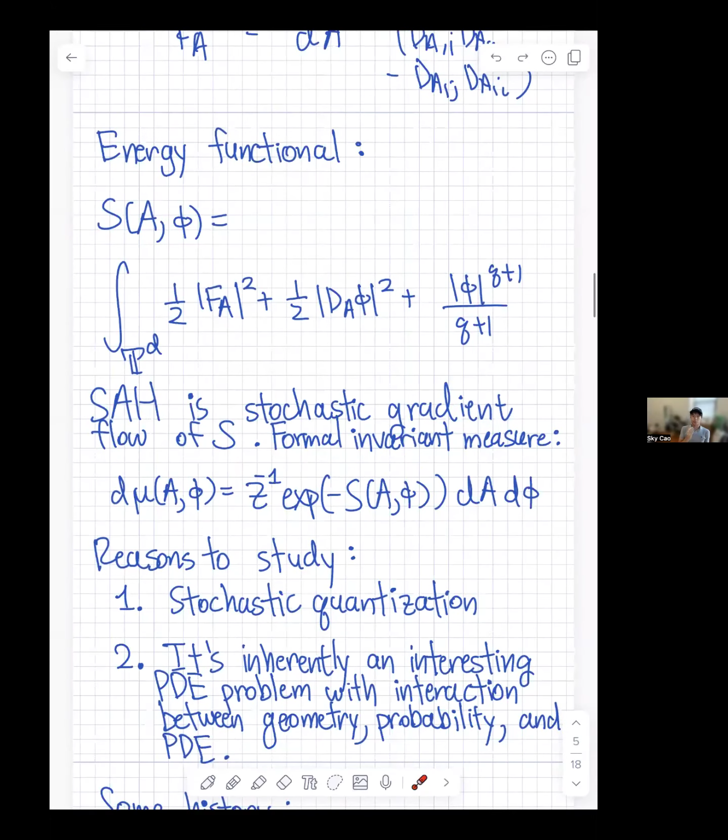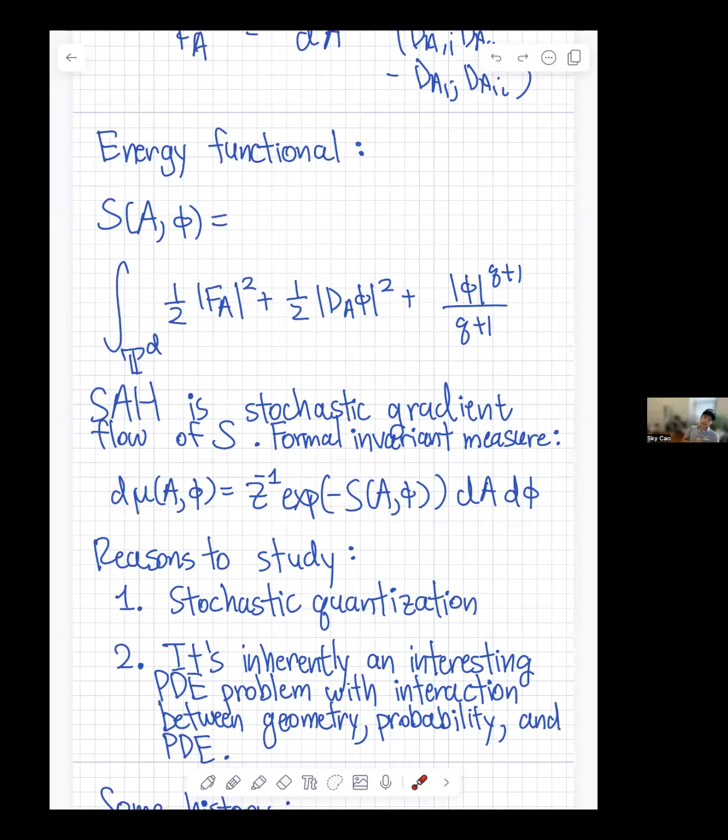And that brings me to one of the motivations to study this stochastic PDE. From one point of view, it's just, okay, it's a PDE and you added in randomness, but why, right? One motivation is because it is supposed to be related to the formal invariant measure, which is basically given by e to the minus this energy functional, right? And in math physics or constructive quantum field theory, this measure is the thing you want to study.